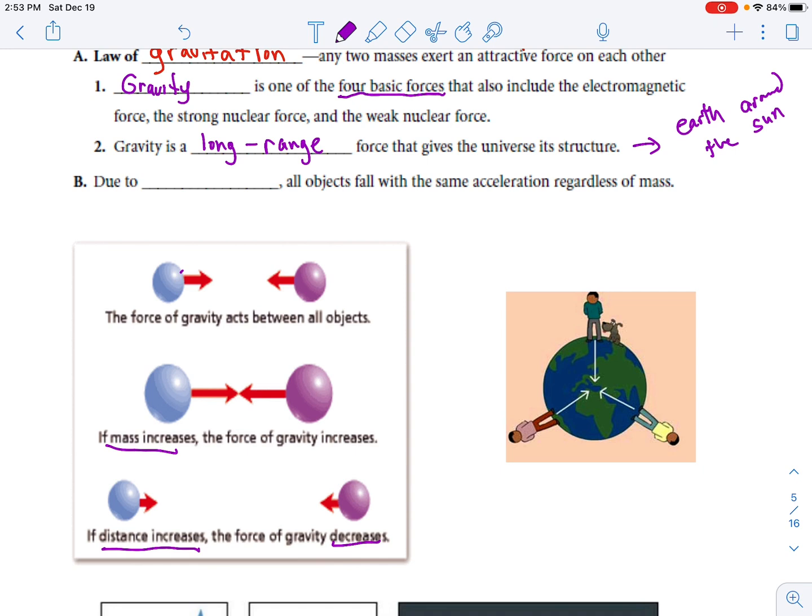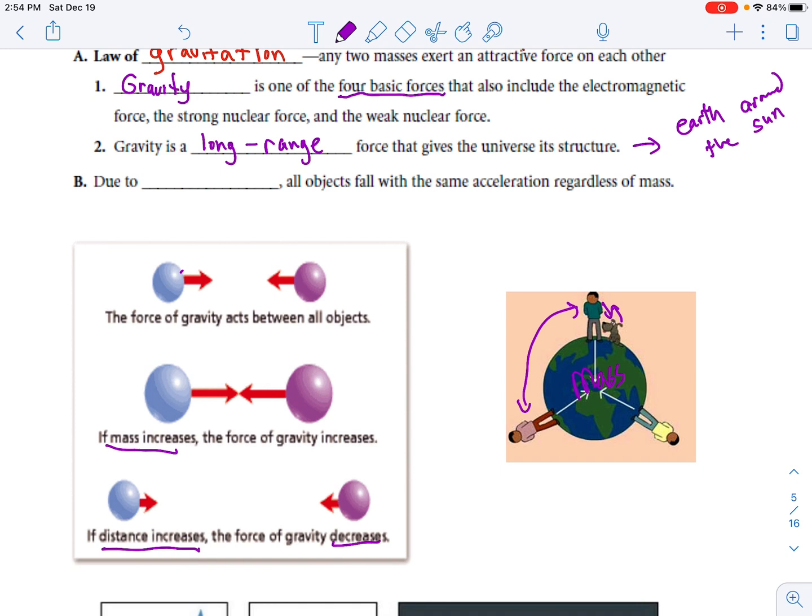All right. So on this little planet Earth over here, this little boy and this little dog have a force. They're attracted to each other. And these two boys are attracted to each other by gravity. However, the biggest mass is planet Earth.